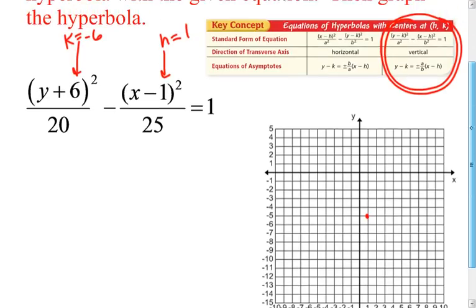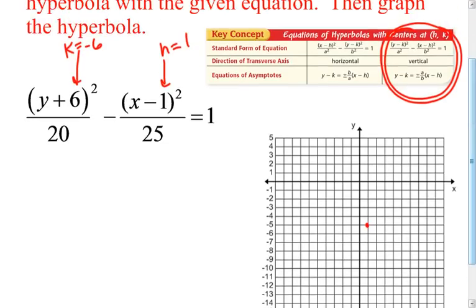And then again, this is an up-down hyperbola. And A will be whatever direction the hyperbola goes. So that means A, the distance A, will go up and down on an up-down hyperbola. Looking at my formula, A squared is here, and if I go over here, that's what this is.